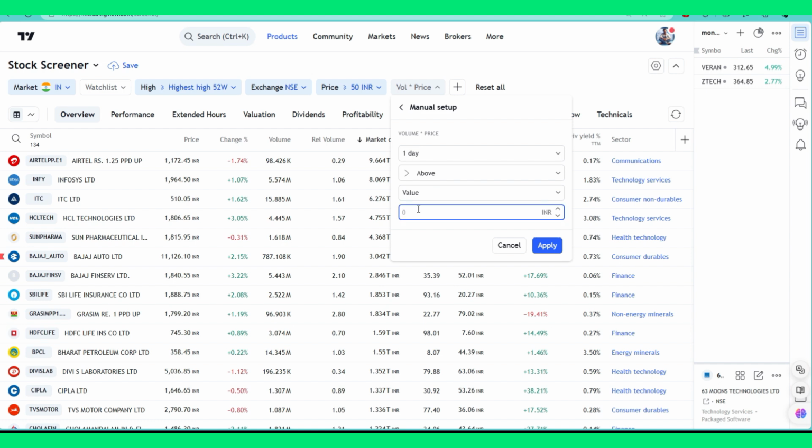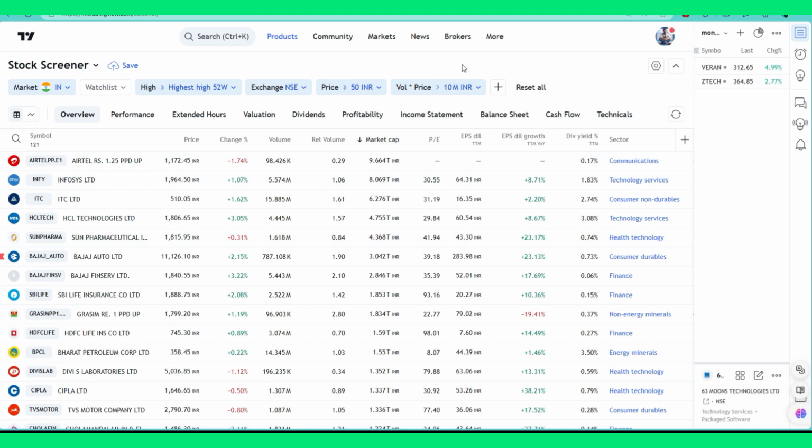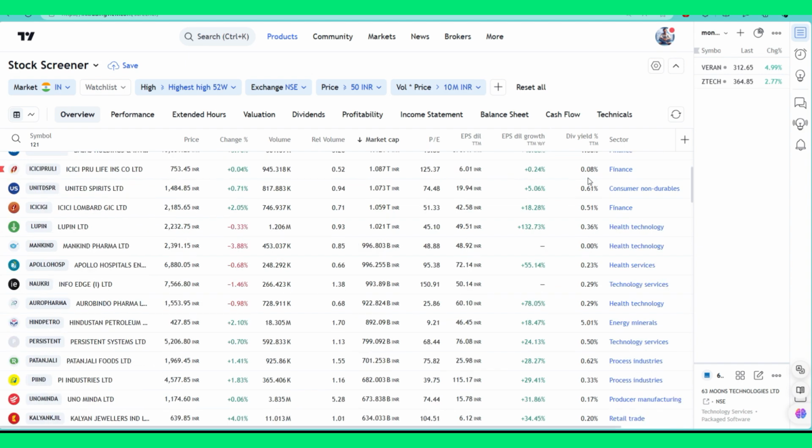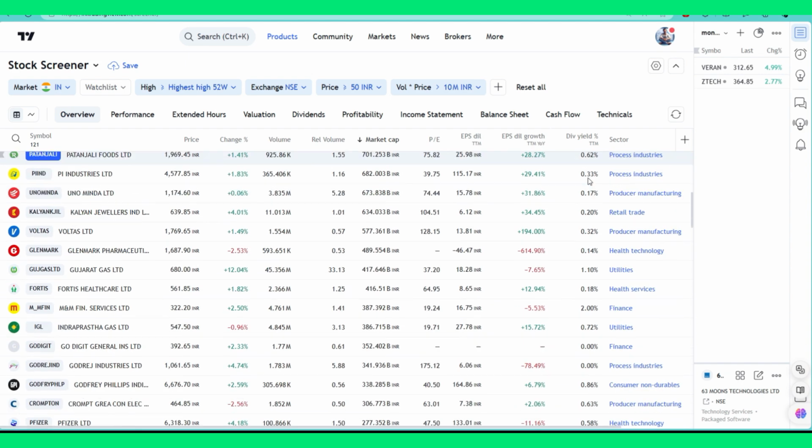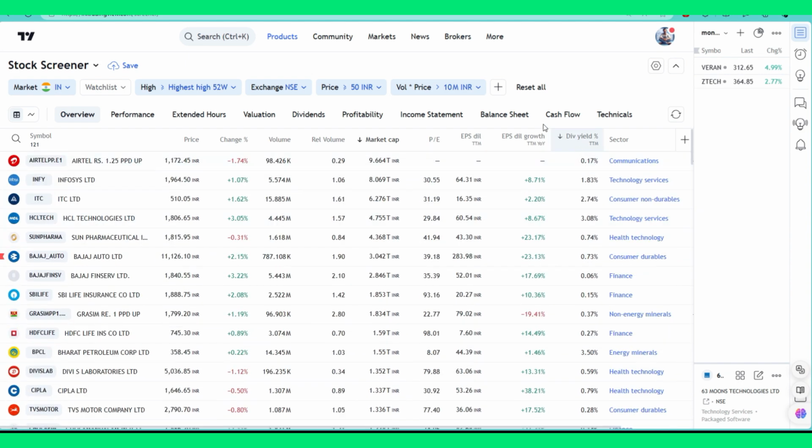I want the value to be above 1 crore, lakh, 10 lakh, 1 crore, 10 million INR. Yeah. So now we have our scan, which we still see something like this. These are dividends. Anyways, let's see. Is there anything else?